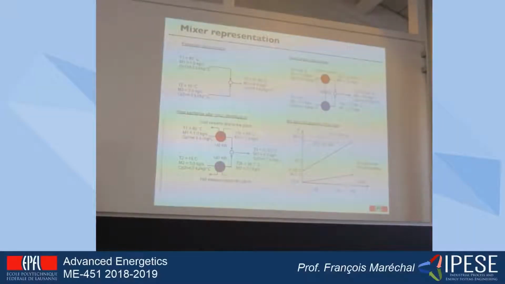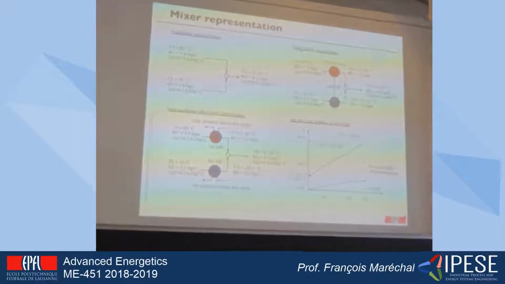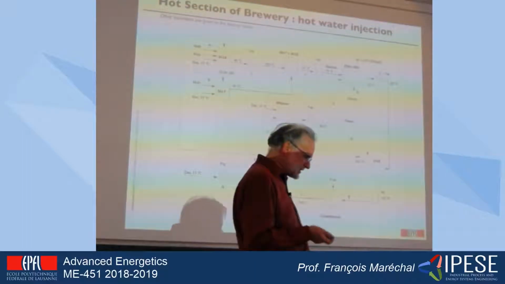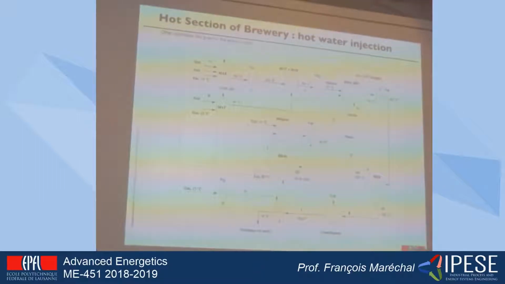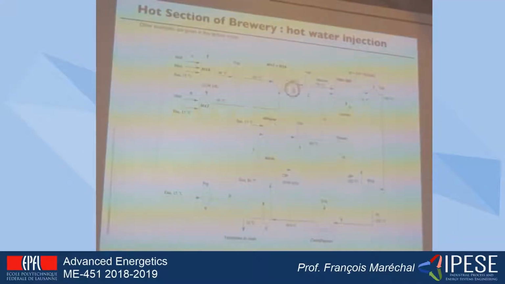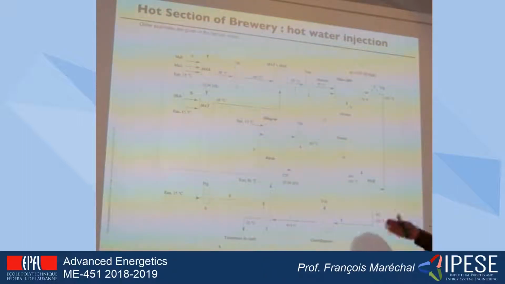I'm going to explain a little bit the way to define the different streams that are in the process by, in fact, taking the same process as the one that I have been explaining, where you can see that you have the mash preparation here, then a preheating here, a cooking, a filtering here, and then a cooking here, followed by a cooling that will then go to the fermentation section.